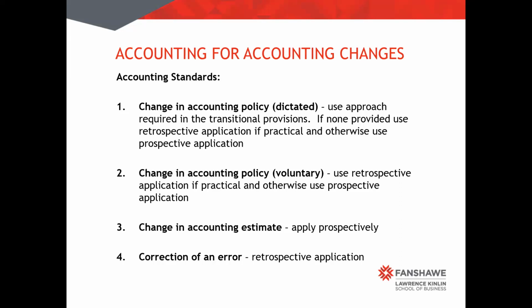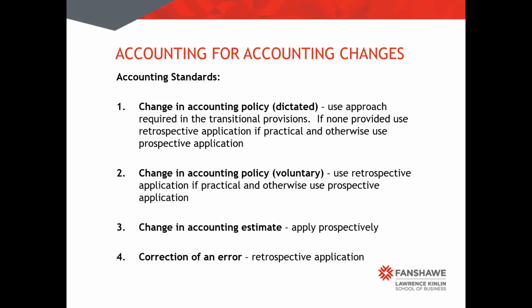So if it's impractical to go back and reevaluate and repost and republish, then you could argue that you'll just do it prospectively. So there's a little bit of room for management discretion there if it's not stated in the accounting policy. If it's a voluntary accounting policy, use retrospective if practical, and otherwise just move forward using prospectively.